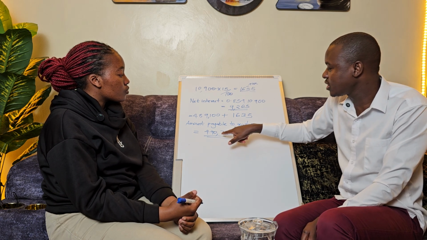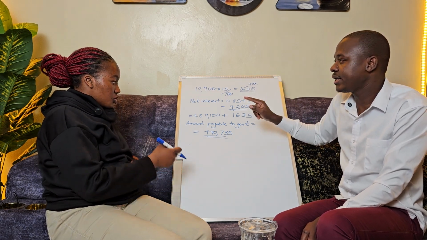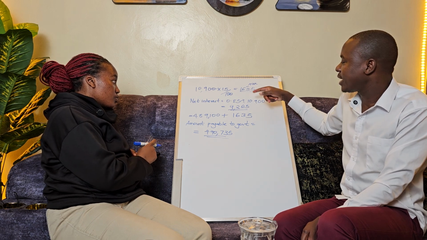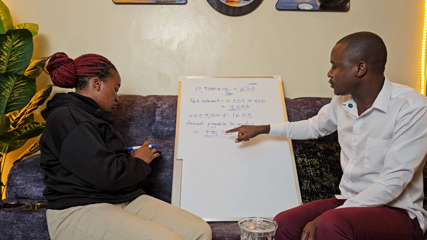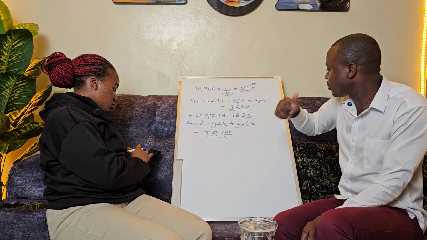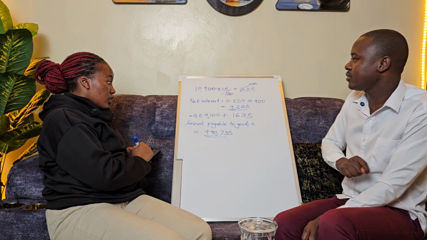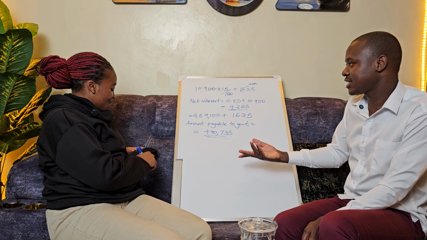So the difference between this and the first value is your net interest income. Even if you do 500 less this one, you will arrive at this figure. Can you try? I have done it. Is it true? Yes. So that's how we do it.